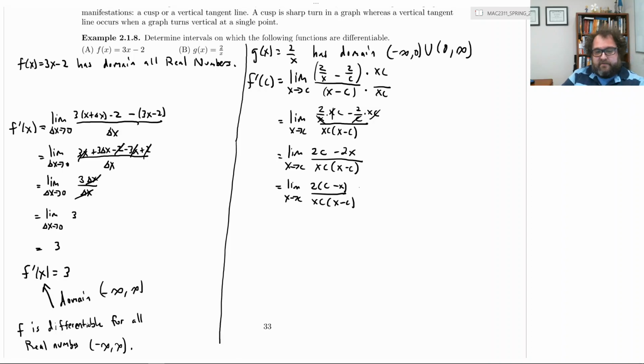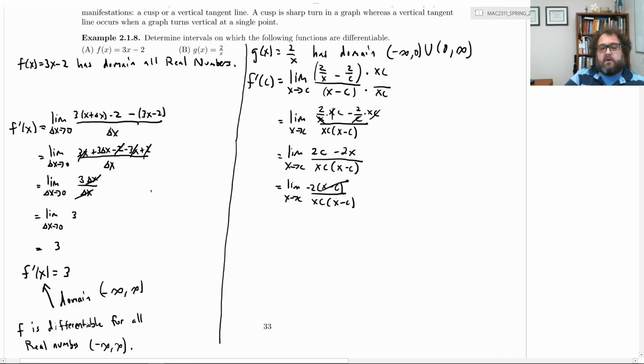But what if instead of factoring out a 2, I factored out a negative 2? By factoring out a negative 2, that's going to reverse the signs of the terms. So this will be negative c plus x. But negative c plus x is the same thing as x minus c. So we get negative 2 times x minus c.